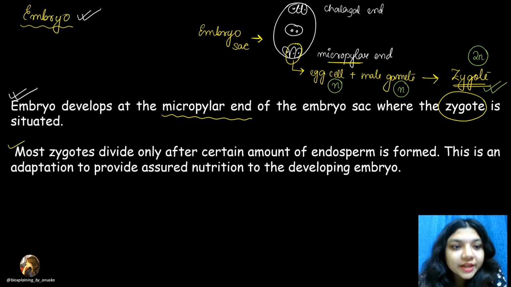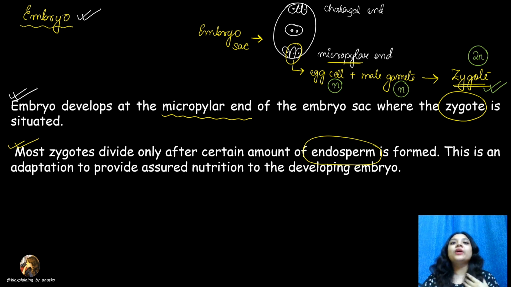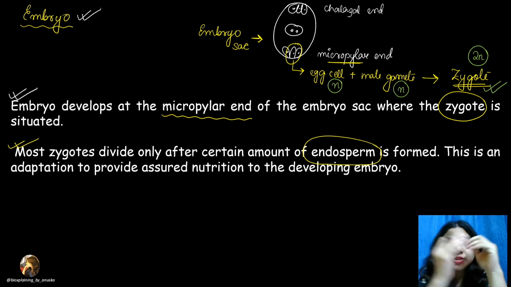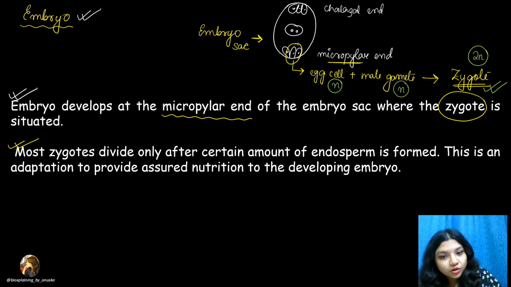Now most zygotes divide only after a certain amount of endosperm is formed. Remember when we were talking about endosperm just a few minutes back, what did we say? That the endosperm needs to form before the embryo. Why so? Because the endosperm has the reserve food materials, has the nutrients which will be required by the embryo.